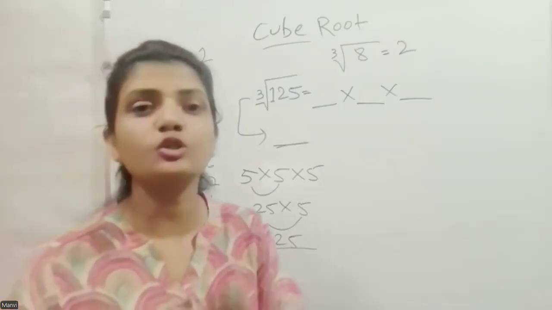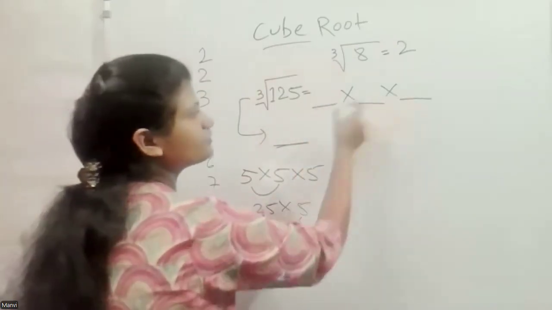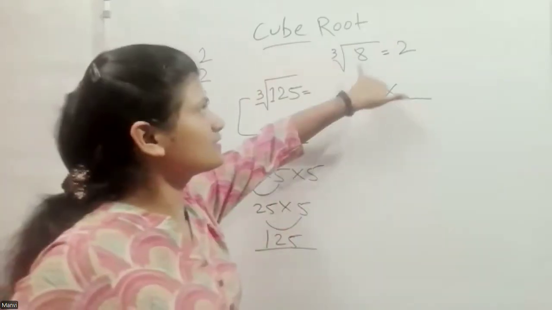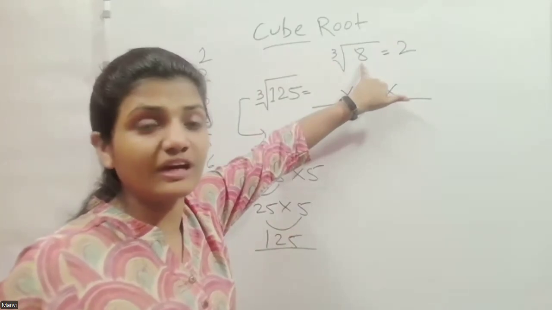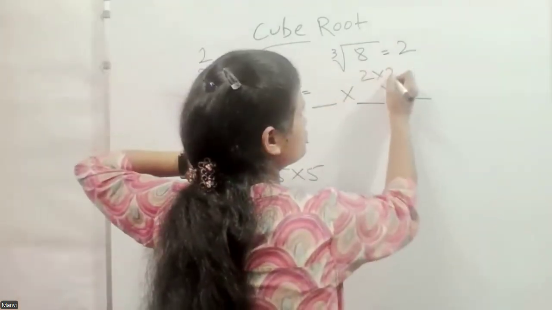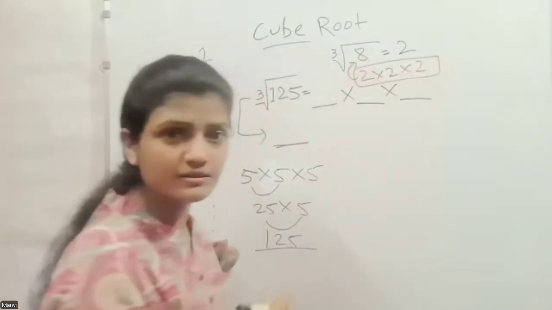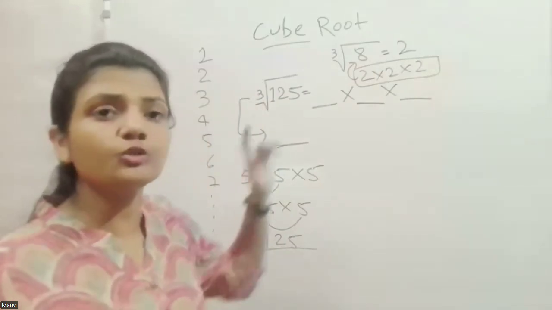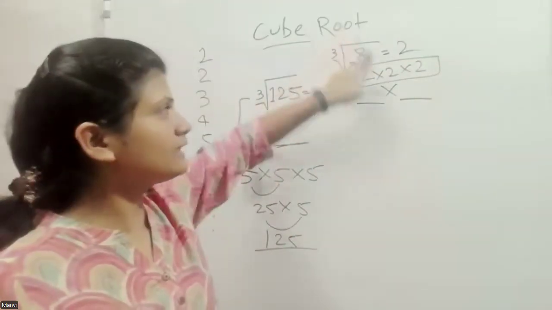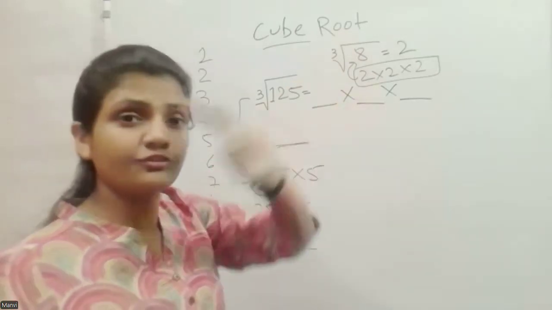So what does the cube number say? Cube number says a number multiplies itself 3 times. How do we answer this cube root of 8 is 2? Because if we multiply 2 with 2, then 2, then we get 8. So the cube number says we multiply a number with itself 3 times.